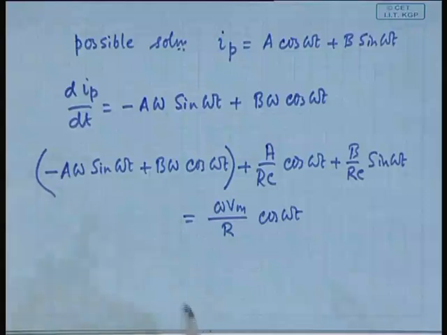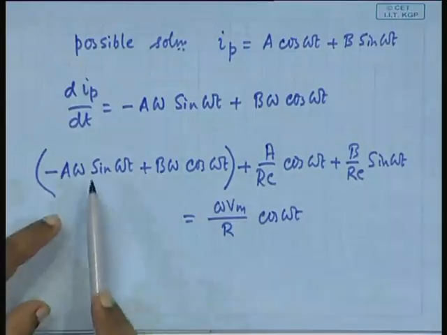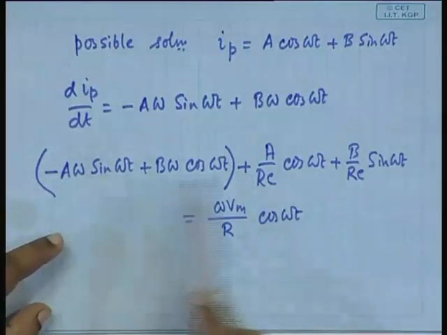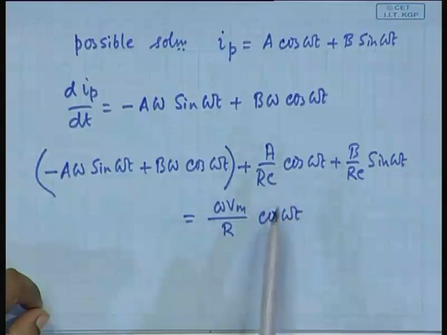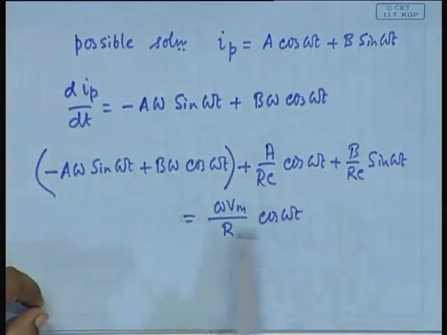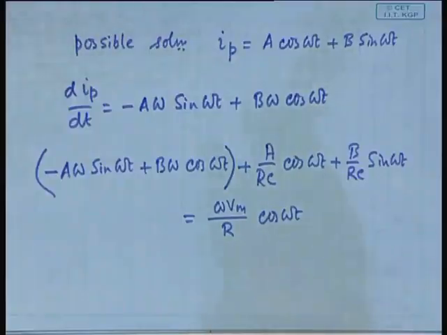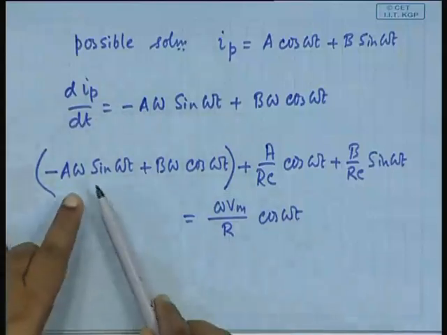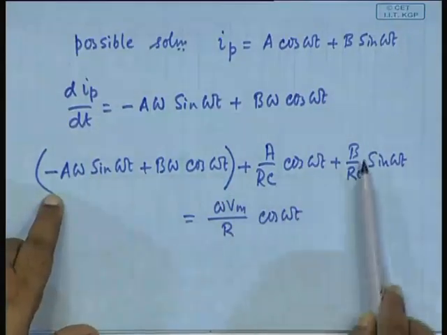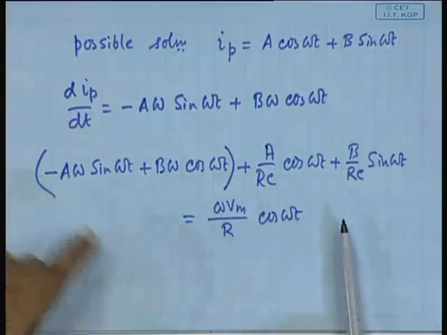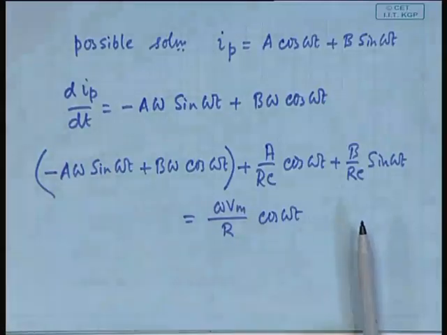So I can see that this equation has sinusoidal terms, this and that, and cosinusoidal terms here. Under what condition will the left hand side and the right hand side become equal? Yes, the coefficients must equalize. So this coefficient plus this coefficient must equalize the right hand side coefficient of sin omega t, which is 0.